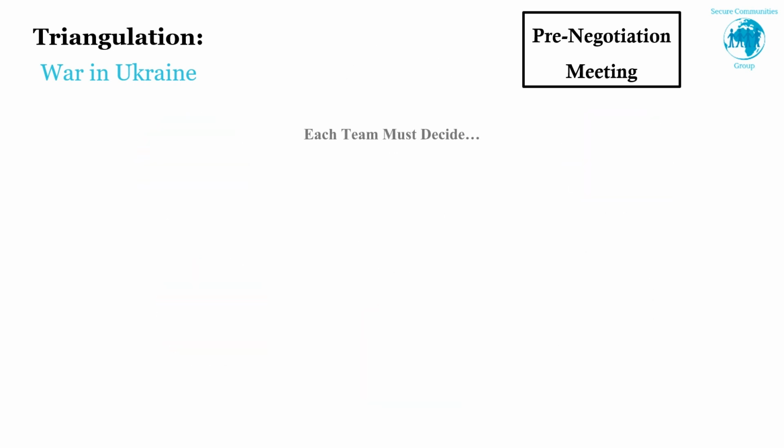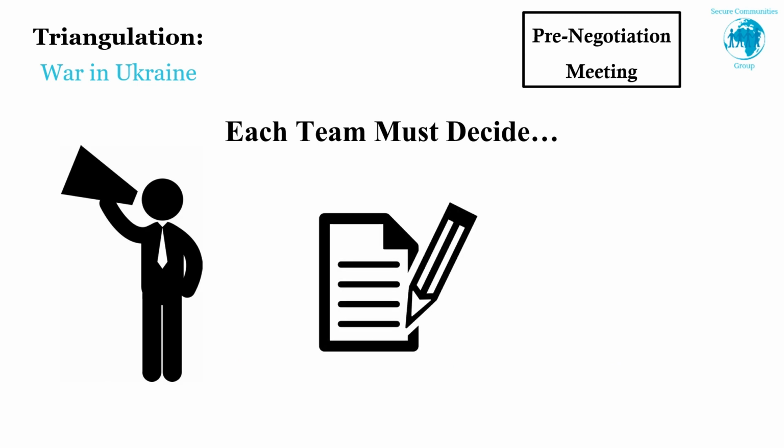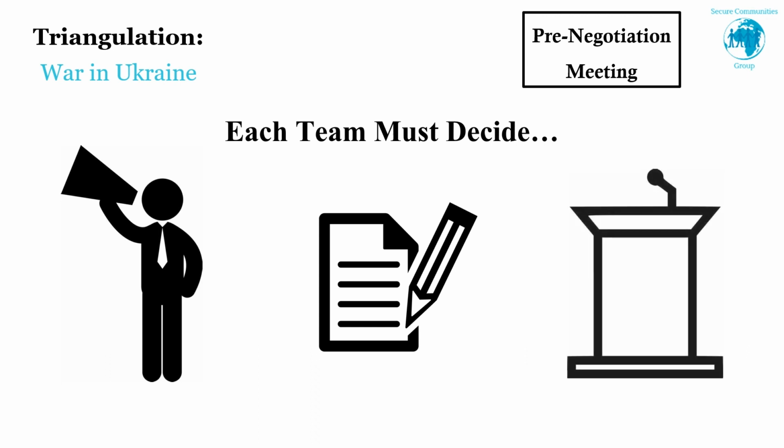Each team must decide who the spokesperson will be, who the author of the pre-negotiation meeting will be, and who is going to deliver these outcomes to everyone in the room.